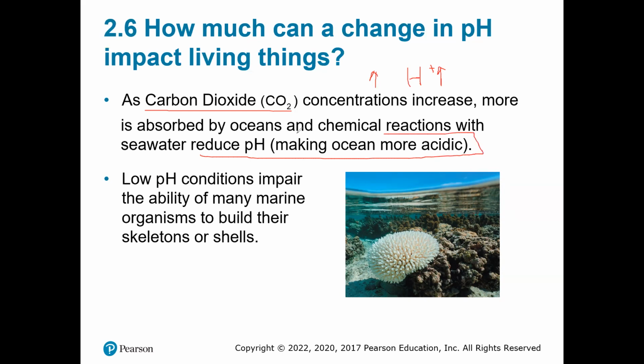Okay, so things become more acidic, and that affects life. It affects how things can function. It's not good if things become more acidic. So we have things like acid rain. Every time we add acid to something and we can't get it to go back to normal, it causes problems in how living organisms can function.